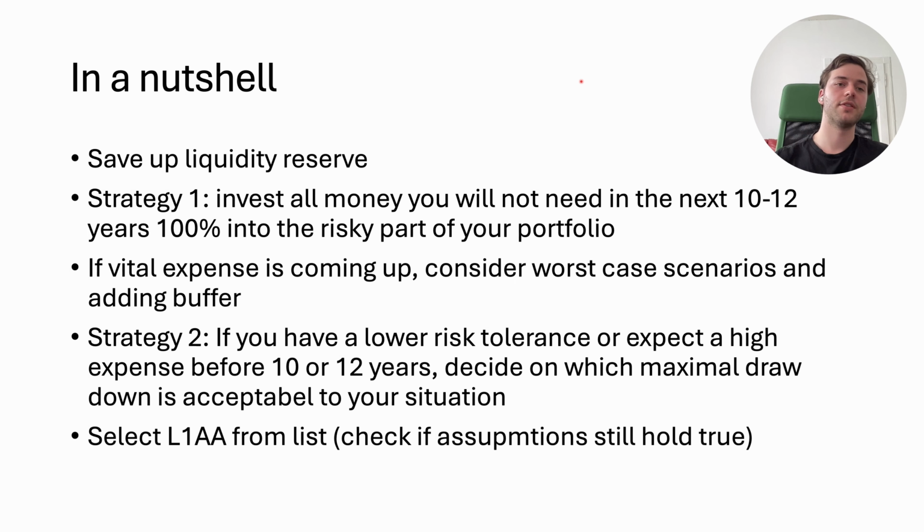So the presentation was longer than expected. So now in a nutshell, save up a liquidity reserve. Strategy 1, you are a robot, you don't have any emotions. You just do what science tells you how to achieve the highest possible return for your portfolio. In this case, invest all the money you don't need for the next 10 or 12 years into the risky part of your portfolio.